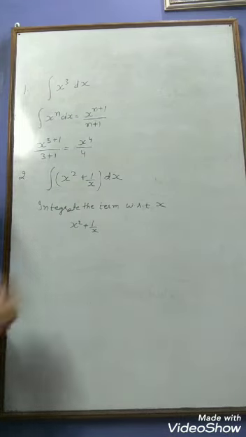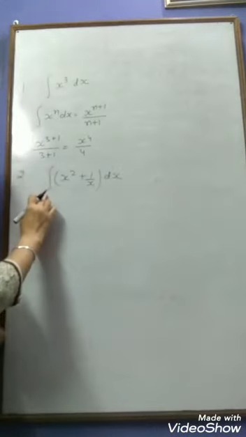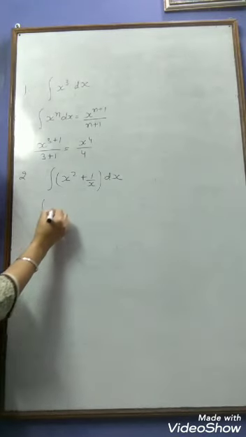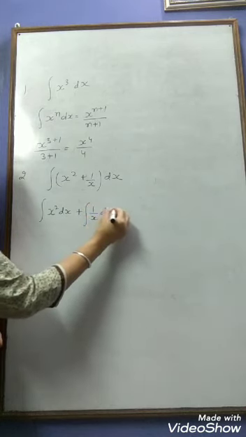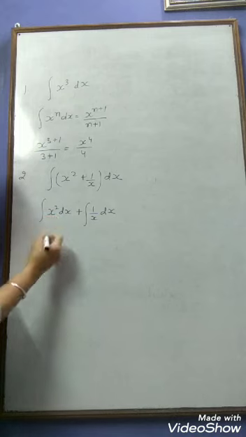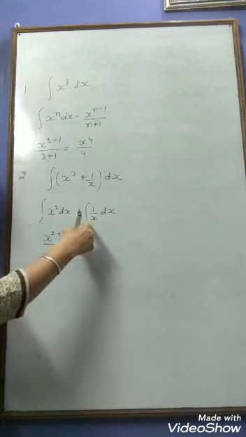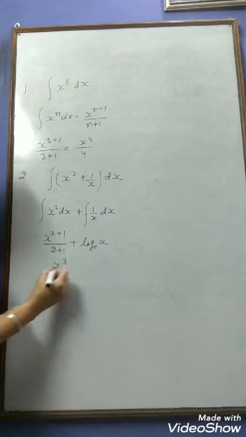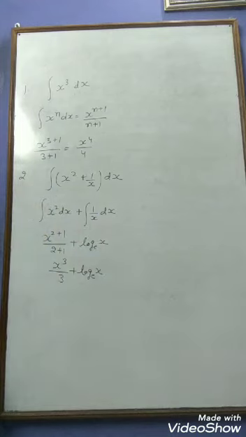The first step is to write it in this form: integral of x^2 + 1 by x dx. Now the two terms: x^2 dx and 1 by x dx. Here x^n formula, 2+1 is 3, and the other is the simple formula, log x. So x^3 by 3 plus log x. This is the answer for this question.